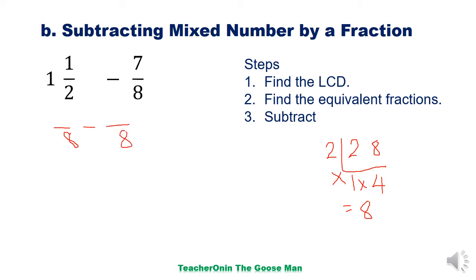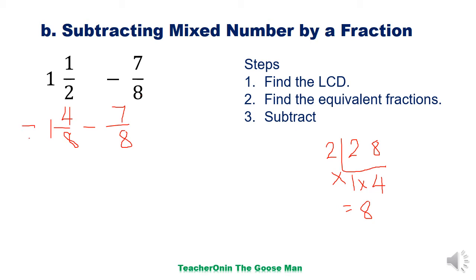Don't forget the whole number 1. Then get the equivalent fraction of 1 half. So that is 8 divided by 2 is equal to 4 times 1 is equal to 4. And then we have here 8 divided by 8 times 7 is equal to 7.